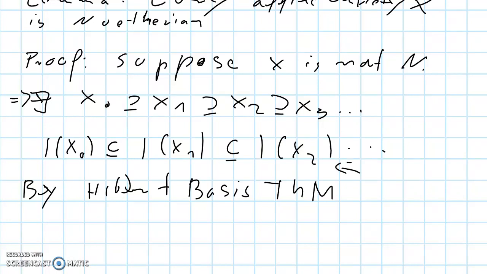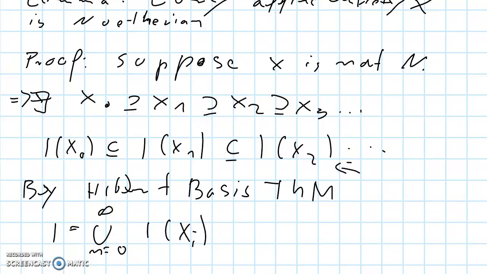Maybe I have to write this down first. So I'm talking about this ideal here. So I is the union, where i ranges from 0 to infinity, of the ideals I(Xi). This is an ideal, as you can easily check.